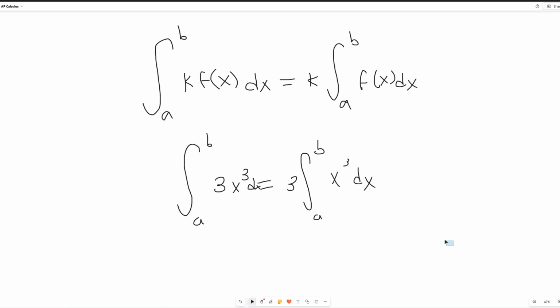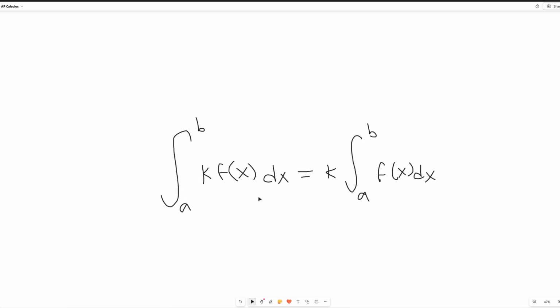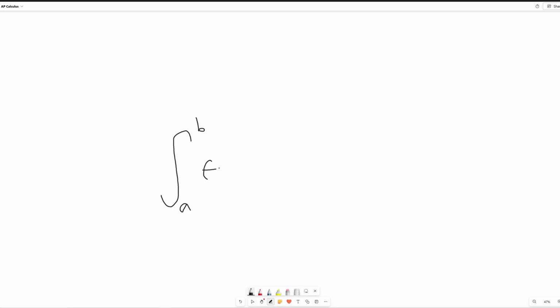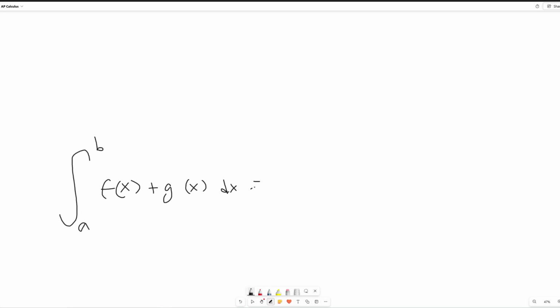Another rule, integrals can be split up with subtraction and addition. So f of x plus g of x can be the integral from a to b f of x plus the integral from a to b g of x.